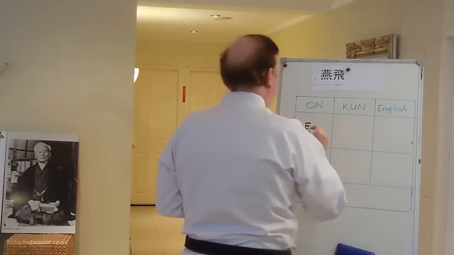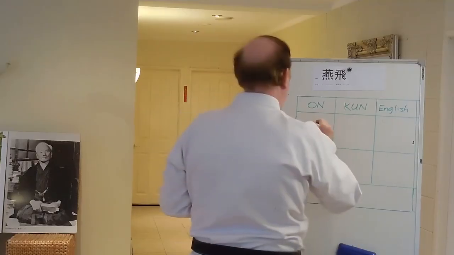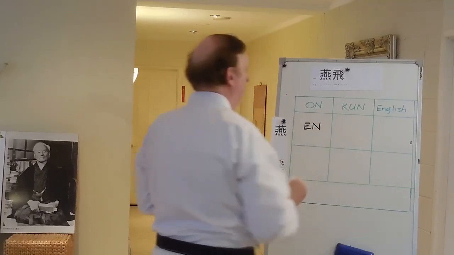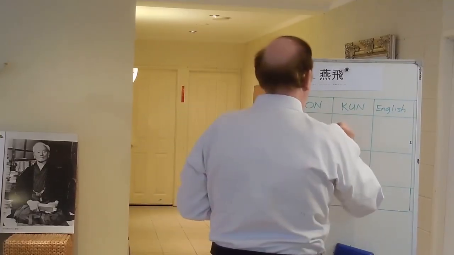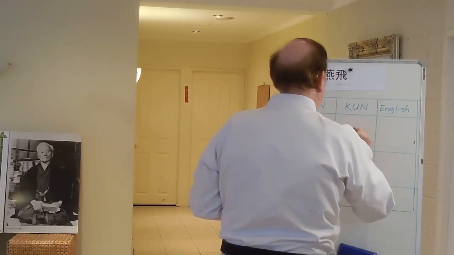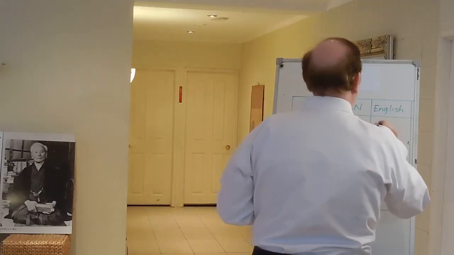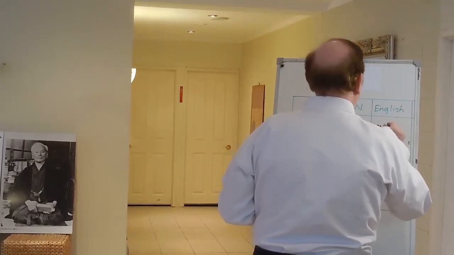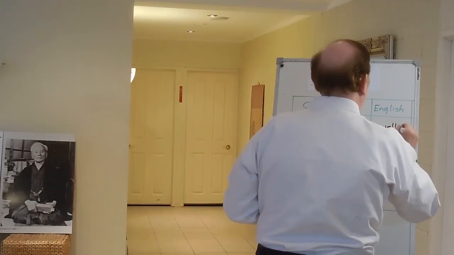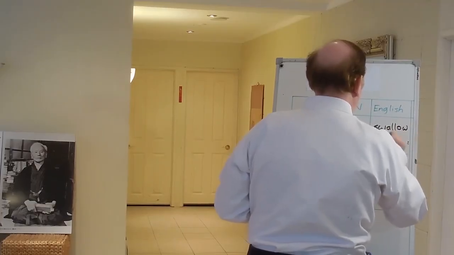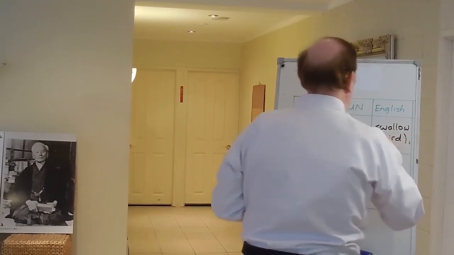So En can also be En, but the on reading would be En, and that comes from enshi, and enshi is a swallow. The bird, obviously, swallow, not to swallow.